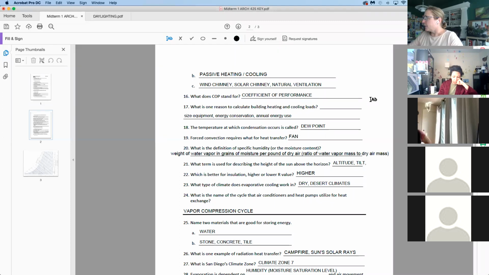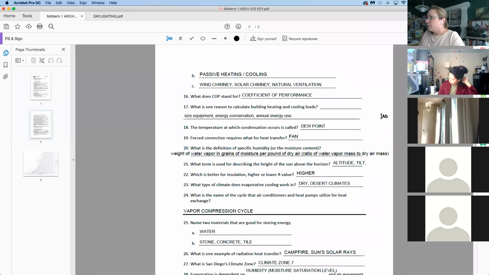COP stands for coefficient of performance. And one reason to calculate building heating and cooling loads, there's a couple different reasons. You can use it to size the equipment. You can do it to look at energy conservation, to compare some different material performances, or to look at the overall annual energy use.